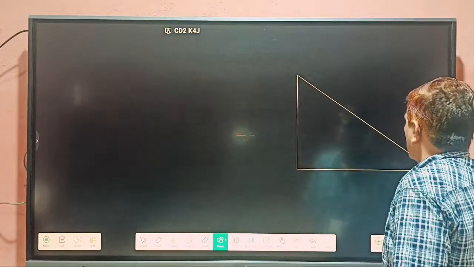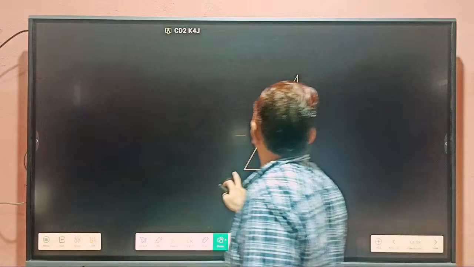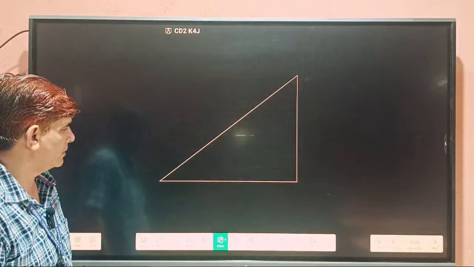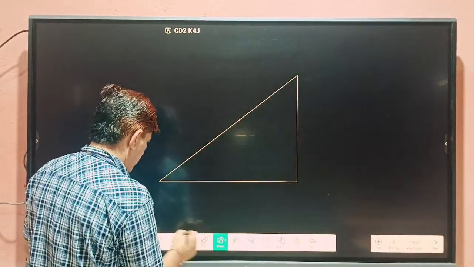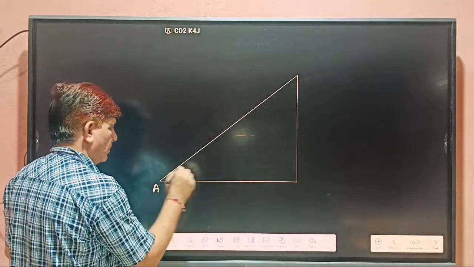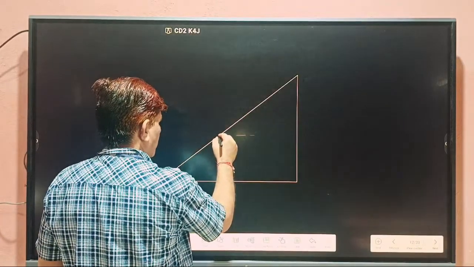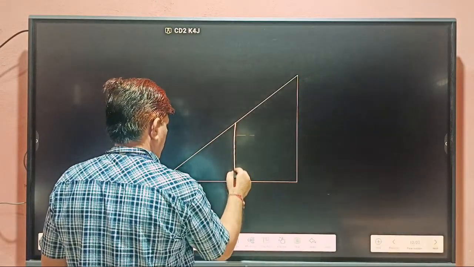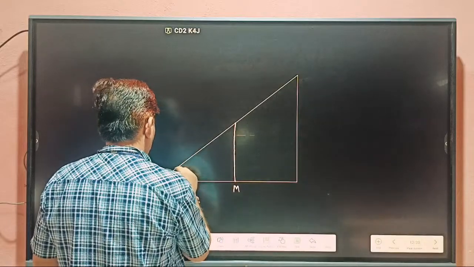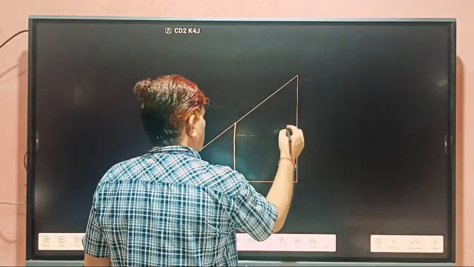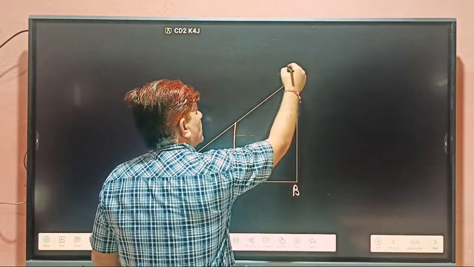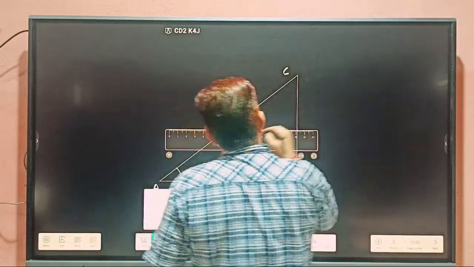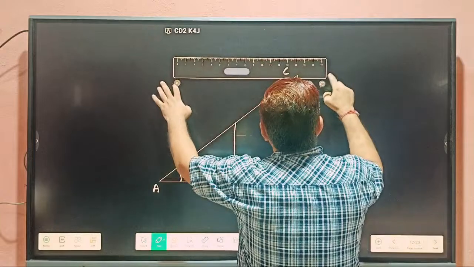This is the right angle triangle we have taken. This is the right angle. Here is this perpendicular. This is M. B is a right angle, C is right. And then what are we doing? Extend it. Extend means like this.